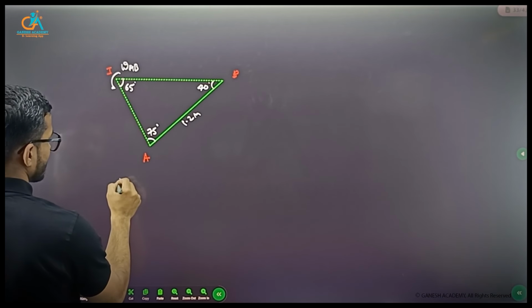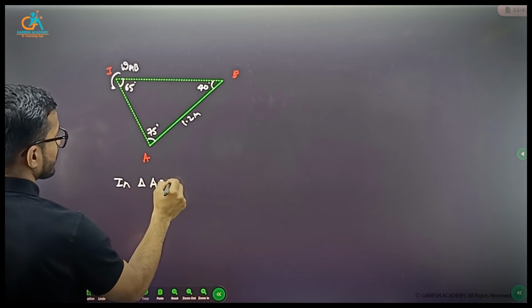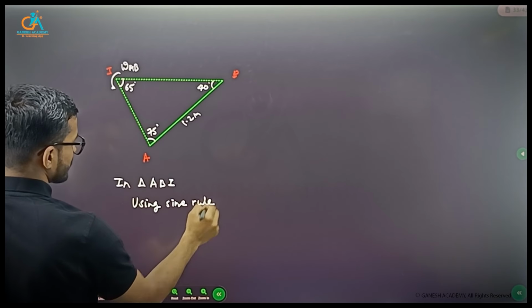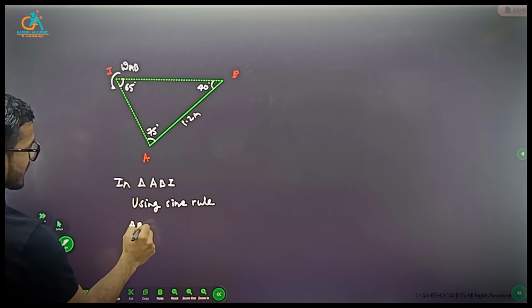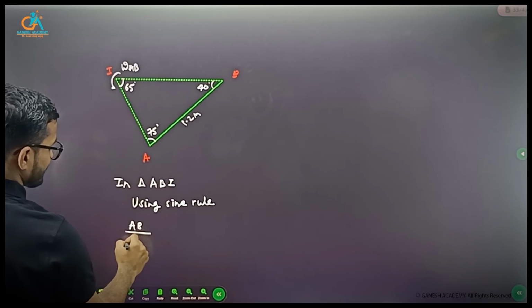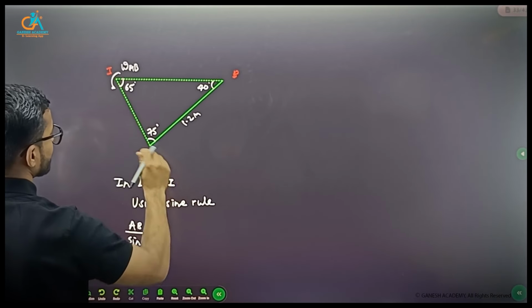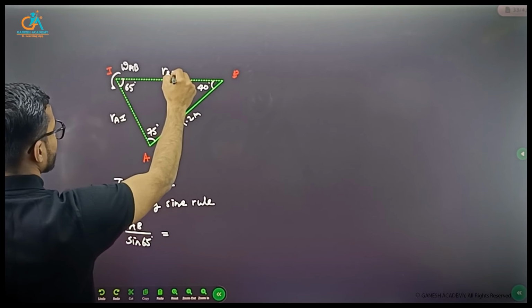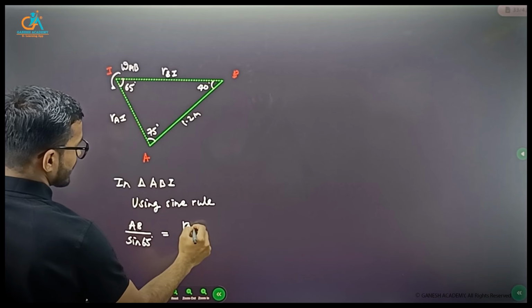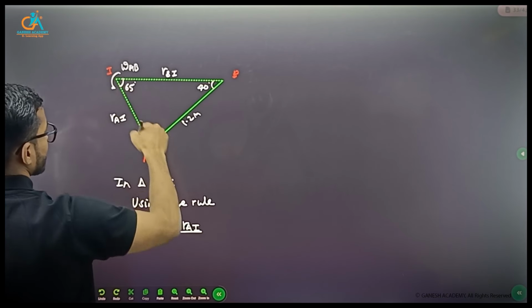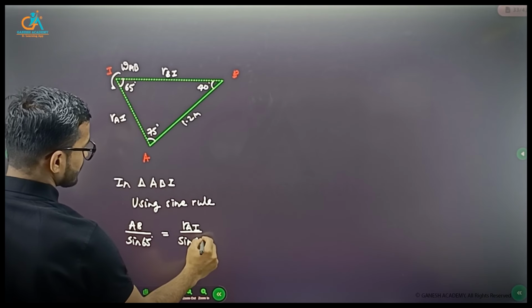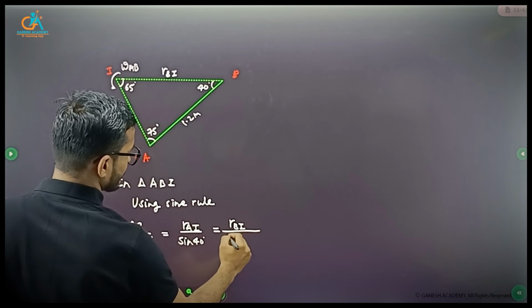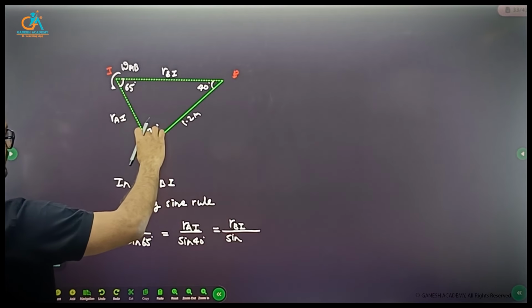In triangle ABI, using the sine rule, AB upon sine 65 equals RAI divided by sine of 40, equals RBI divided by sine of 75.